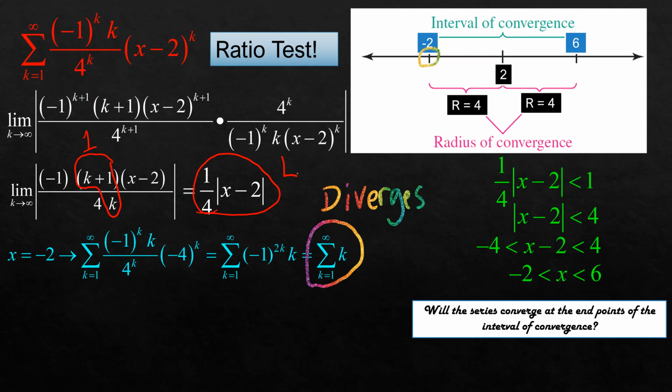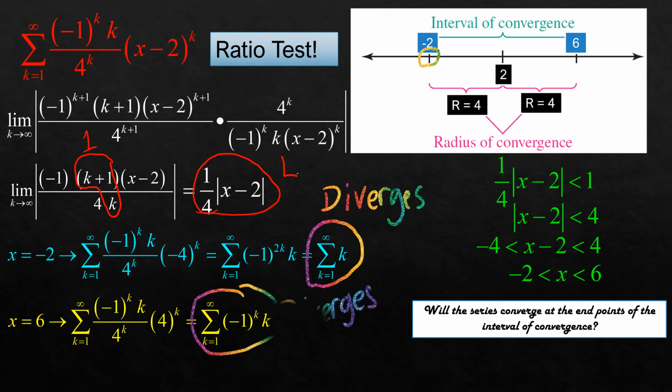Now, when x is 6, when we take the limit as k goes to infinity, your series will bounce from -infinity to +infinity, meaning the limit doesn't exist, and the divergence test says that the series diverges.